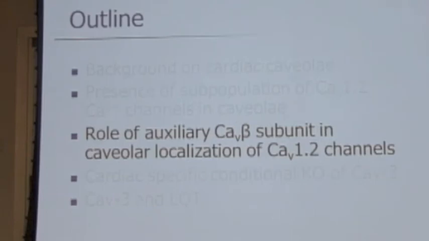So how do the channels get to the different parts of the cardiomyocytes? What is responsible for the localization? And so we hypothesized, as I'm sure many of you would, that there could be a role for subunits, and particularly we were interested in the beta subunits of the calcium channel.